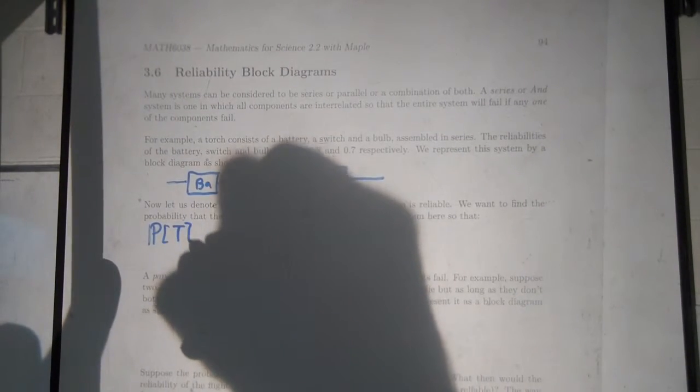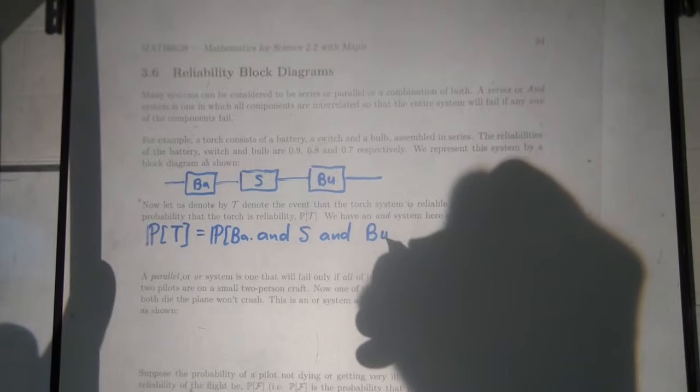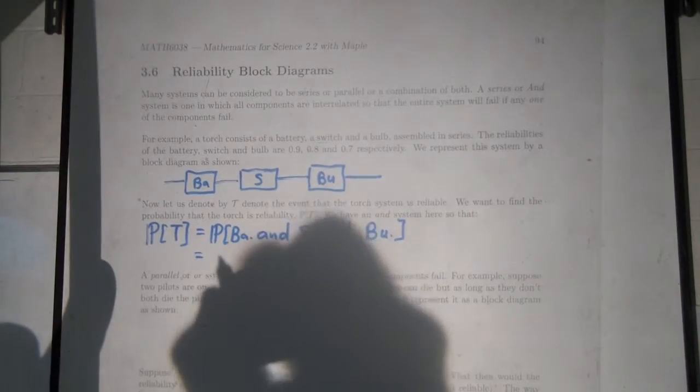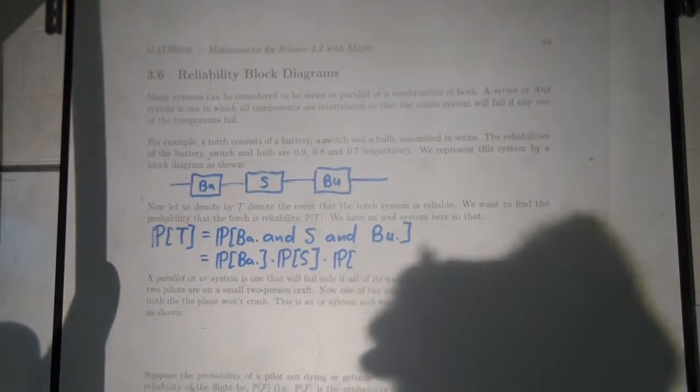Okay, so looking for the probability that the torch is working, we need the battery working, and we need the switch working, and we need the bulb working. And we're just going to assume that they're independent, so the and is just going to mean multiply. So probability of the battery times the probability of the switch working times the probability of the bulb working.